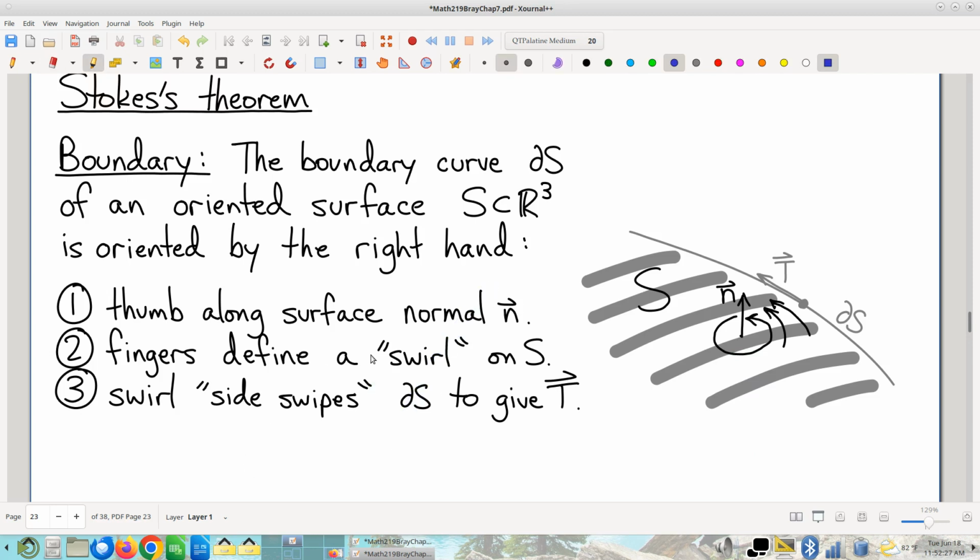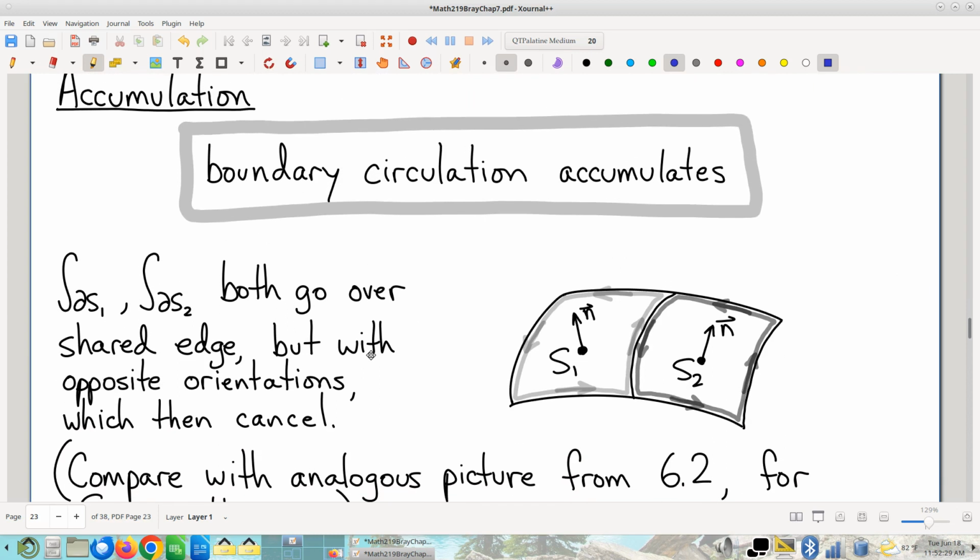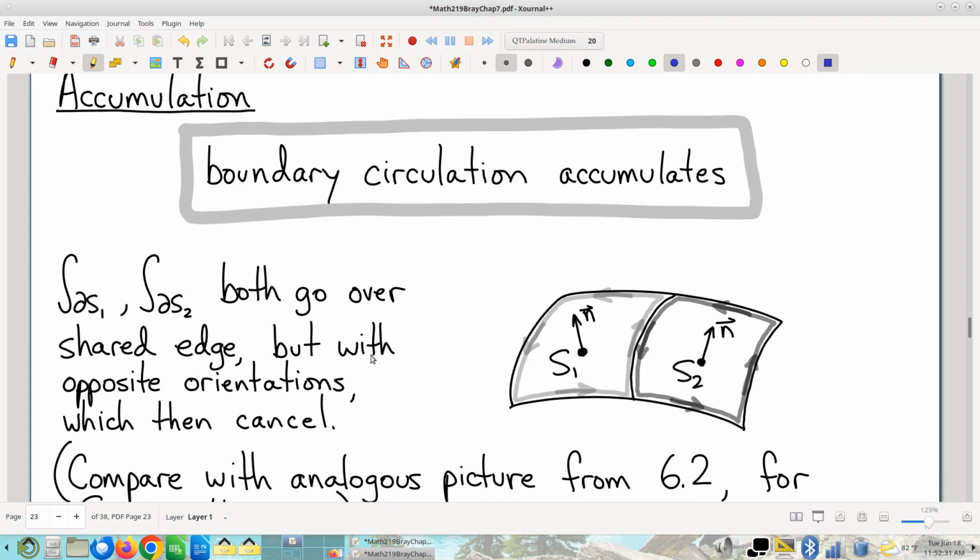Okay, with that in mind, good news. We have a new accumulating quantity. Gotta love it when this happens. The accumulating quantity is circulation around surface boundaries. So boundary circulation. By the way, where have we heard that before? Green's theorem.